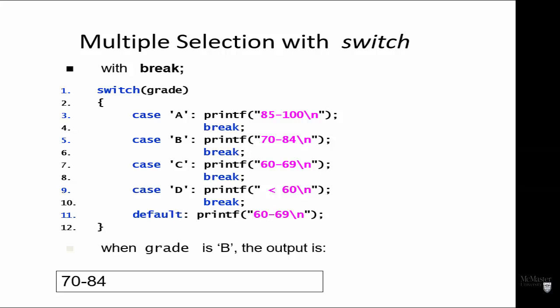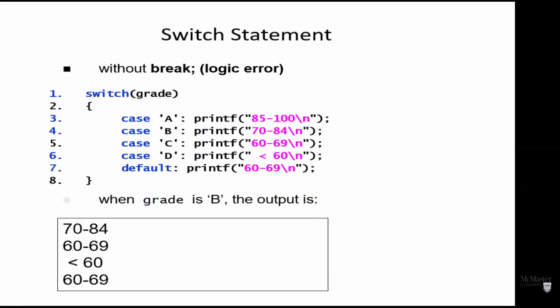This example doesn't have this because it's either one of these characters, but if you have something like this is above 80, and then above 70. If something is above 80, it's by default above 70, right? So two conditions will apply. So if you don't break, you will actually do multiple of these statements at the same time, which is wrong. You want to execute only one case, not multiple cases. So you have to take care of this. Good.